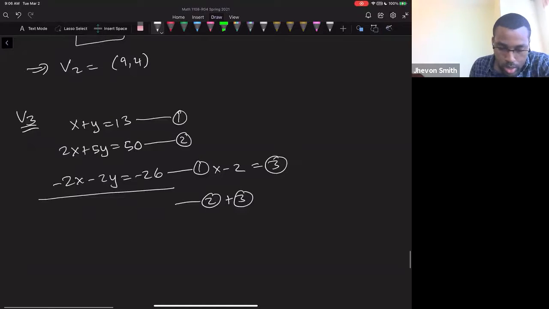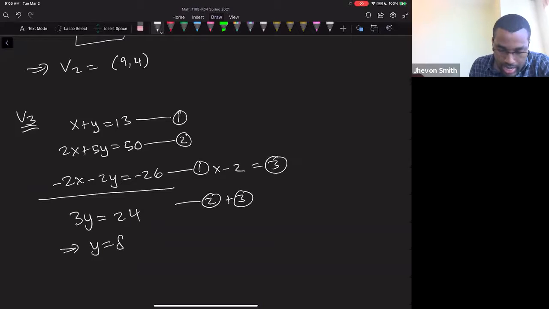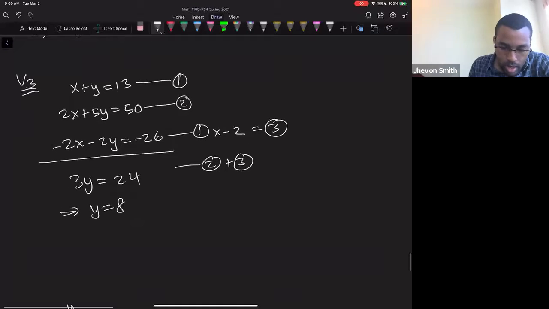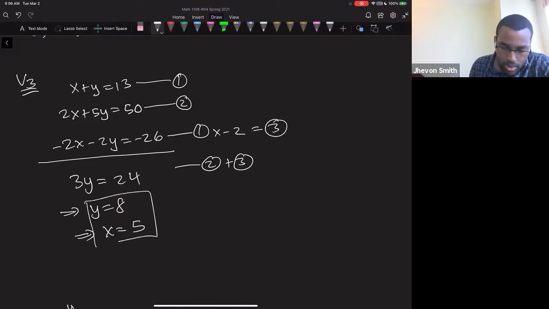So I would end up with, the y's will go away, the x's will die, I'll have 3y left over, and 50 minus 26 is 24. This means that my y is 8. And that would mean that my x is, because I know x plus y is 13, if my y is 8, my x needs to be 5. So that means that my V3 is 5, 8.